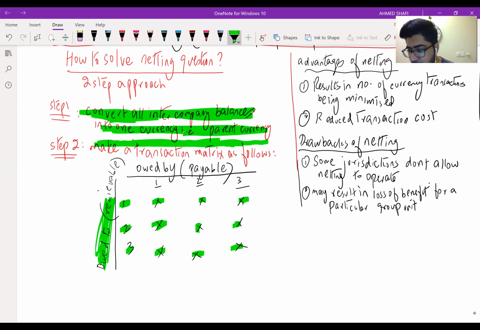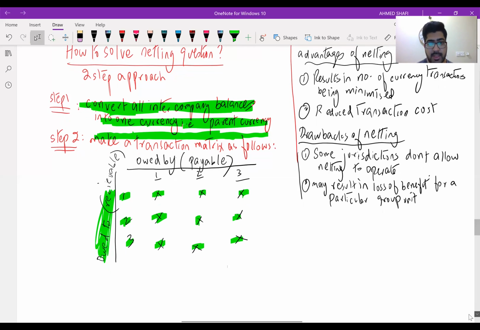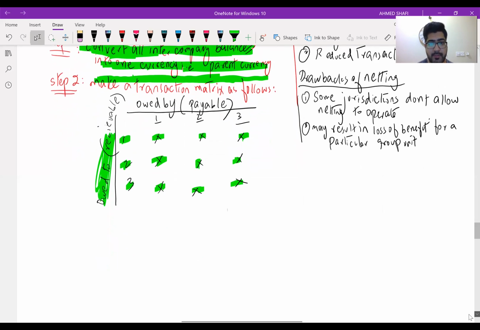Then make a transaction matrix: owed by, payable columns; owed to, receivable rows; record the transactions of all companies, and that's it. I will discuss the advantages and disadvantages later, but firstly I need to teach you how a netting question gets solved in the exam and what the meaning of this transaction matrix is.